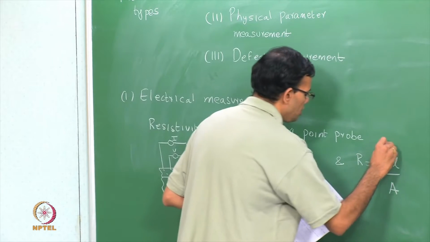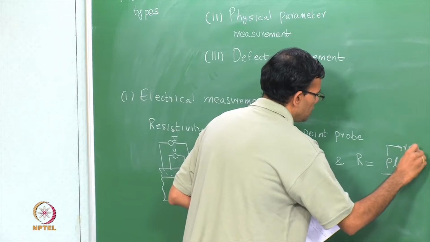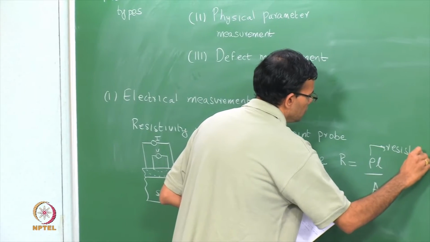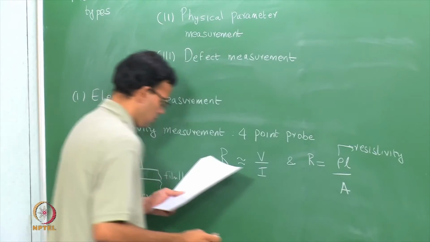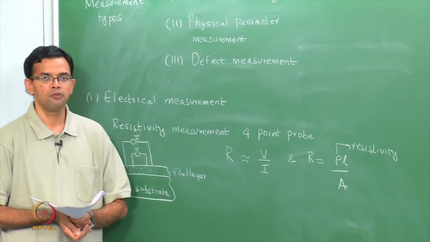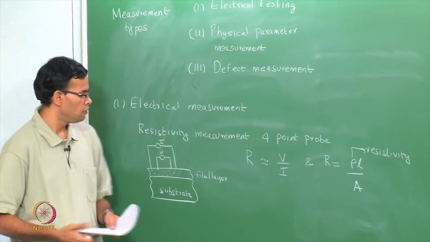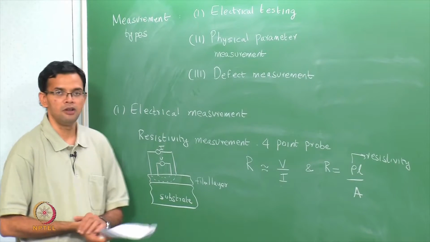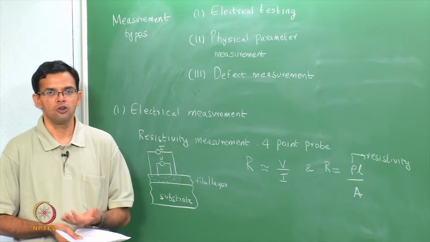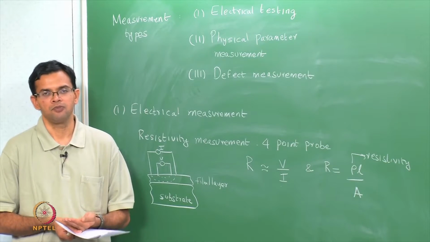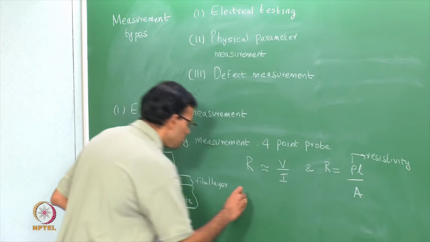So, rho here is the resistivity. A 4-point probe is usually used for measuring the resistance of a film or layer. It is also called in-plane resistance or sheet resistance.